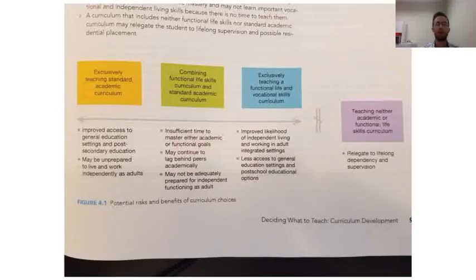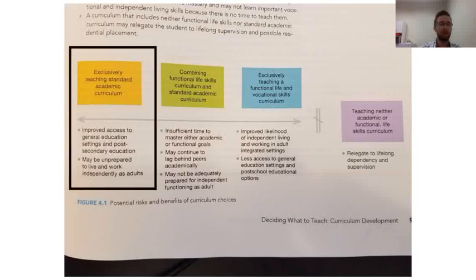And so this is a diagram from your assigned reading, which I think is wonderful and does a nice job of summarizing the advantages and disadvantages of either exclusively teaching standard academic curriculum, exclusively teaching a functional life skills and vocational skills curriculum, or combining functional life skills curriculum and standard academic curriculum, or even teaching neither academic or functional life skills curriculum.